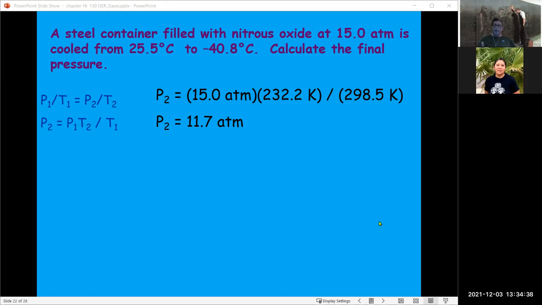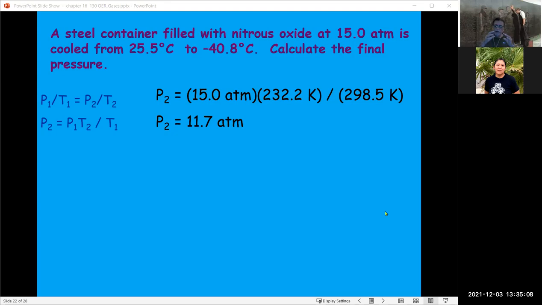If you think about it, it does make sense that the pressure drops. What have you done here? You have a steel container of gas, and you went from essentially room temperature, 25.5 degrees Celsius, down to negative 40, making it very cold.